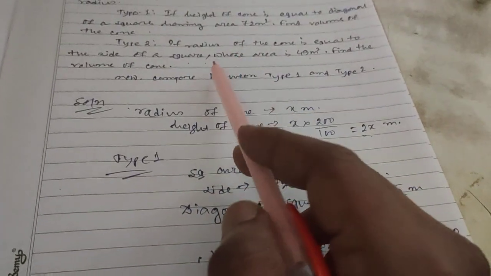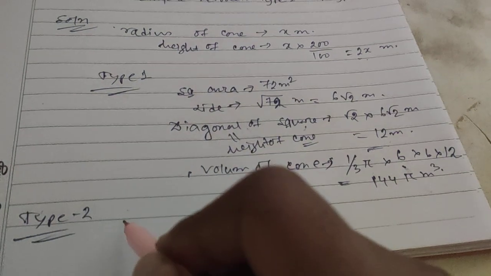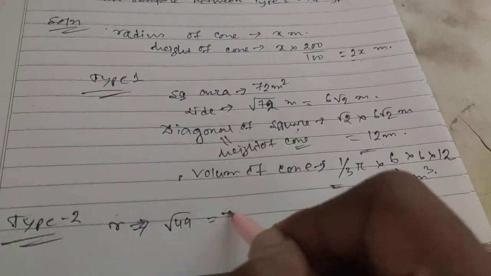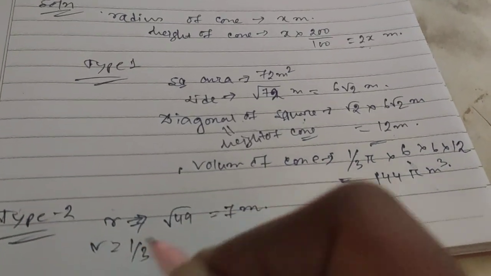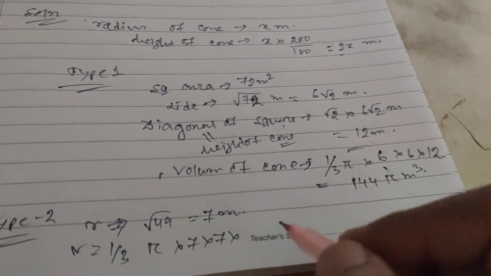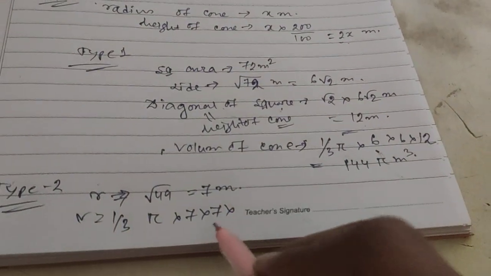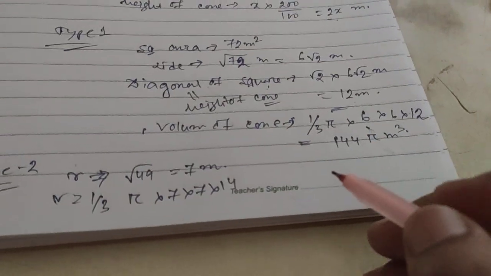The radius of the cone means the side of the square, so now the radius is root over 49, which is 7 meter. And the volume is 1/3 pi r square h, and the radius is 7, so the height will be 14, as it is 2 times.